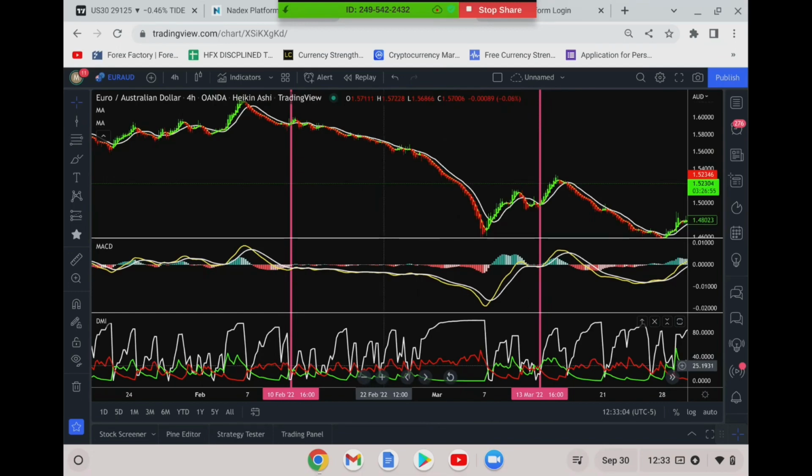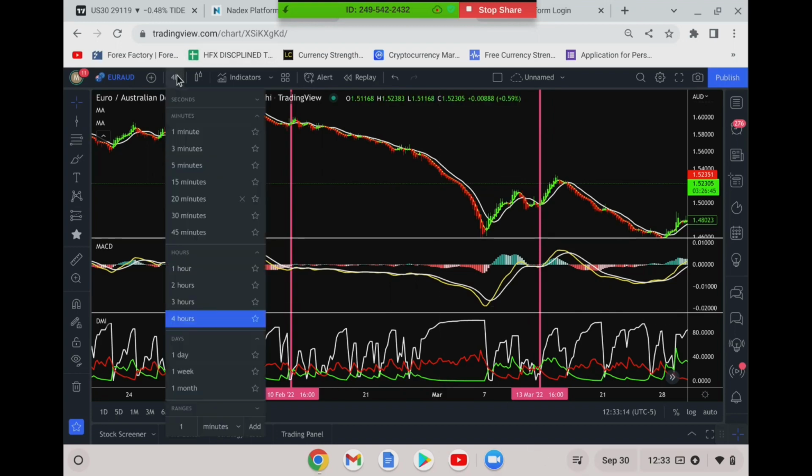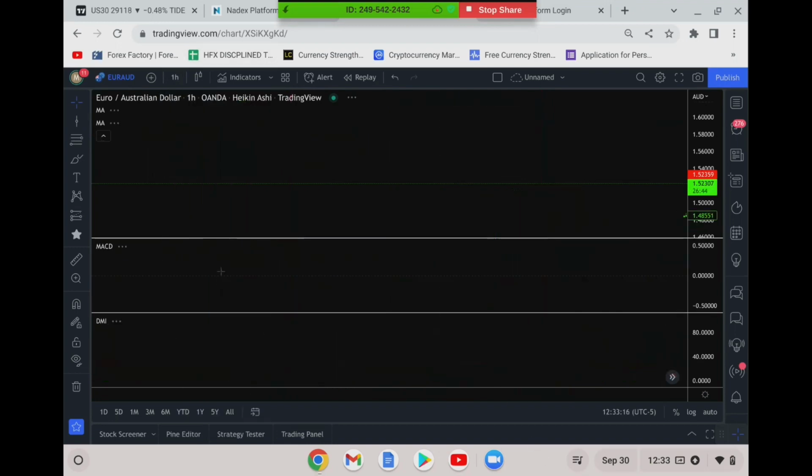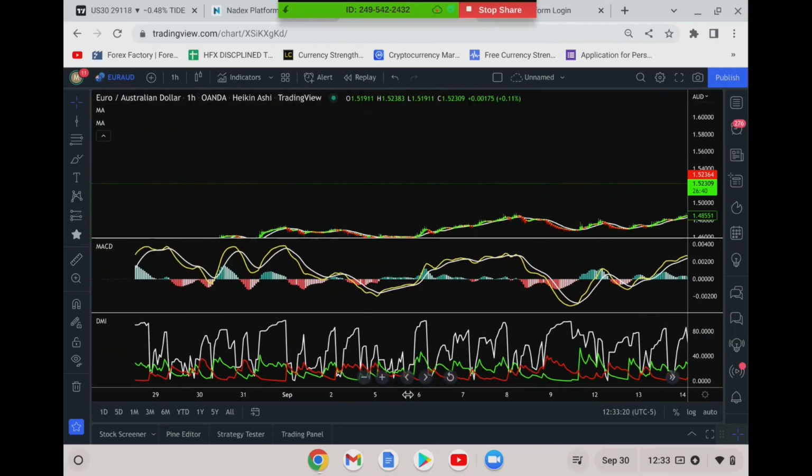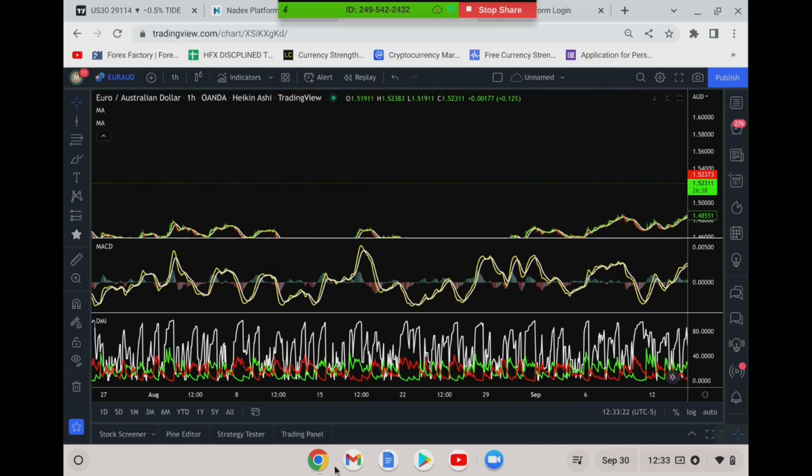So we have the daily letting us know that the market is tanking. We have the 4-hour agreeing with the daily. So now all I will want to do is scale down to my hourly time frame and wait for everything to add up here on my hourly time frame before getting in for my 30 pips.